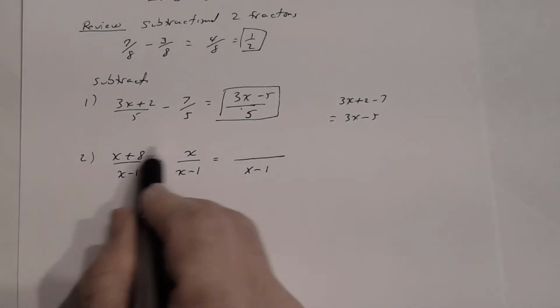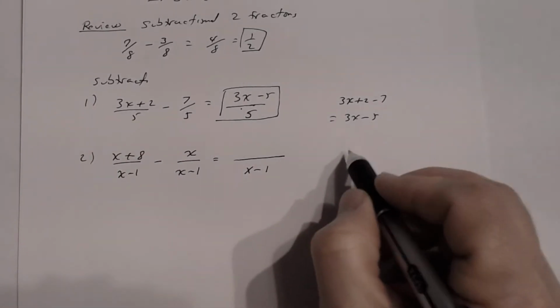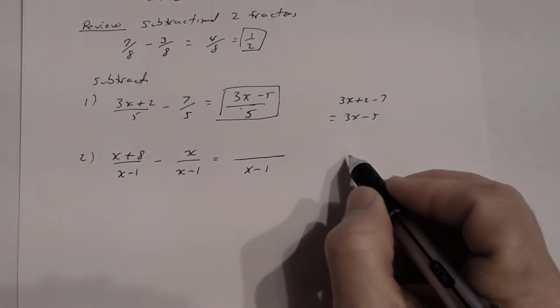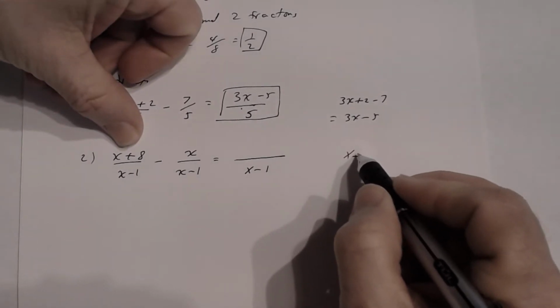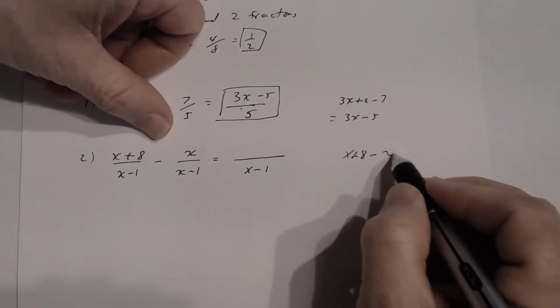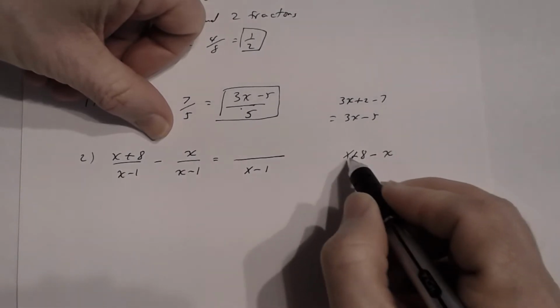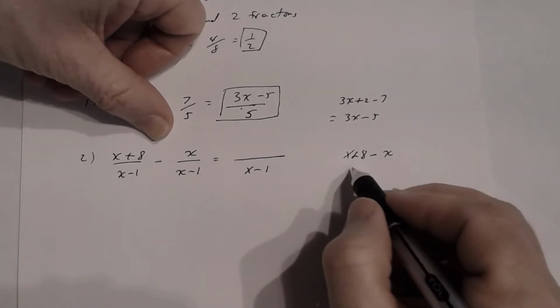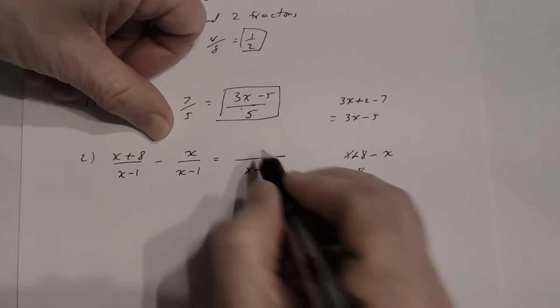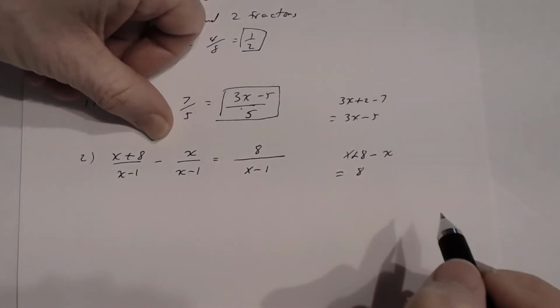I just need to go off to the side and figure out the numerator. I have x plus 8, and I am subtracting x. Combining like terms, the x's add up to 0, and you're left with 8. So I get 8 divided by x minus 1.